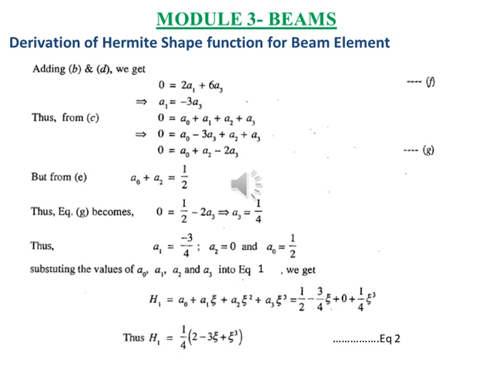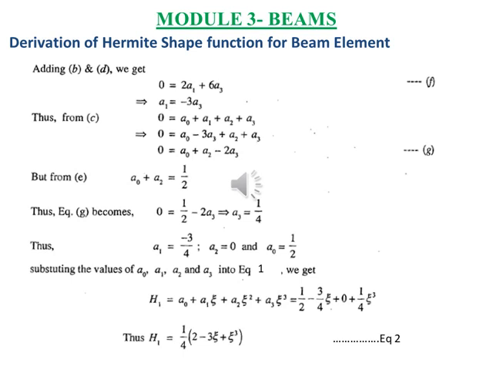So from this we can deduce a1 is equal to minus 3a3, and from equation C we can rewrite it as 0 is equal to a0 plus a1 plus a2 plus a3. So a1 is nothing but minus 3a3. So substituting this in this equation, we get 0 is equal to a0 minus 3a3 plus a2 plus a3. So 0 is equal to a0 plus a2 minus 2a3.